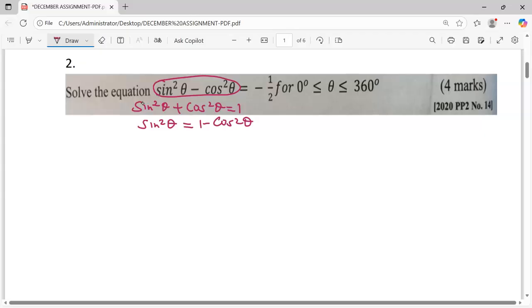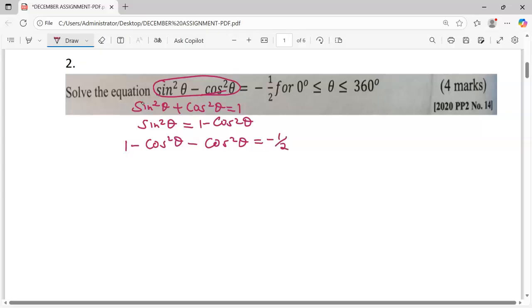In this case, sine squared theta is the same as 1 minus cos squared theta, then minus cos squared theta, and this is going to be equal to negative half.